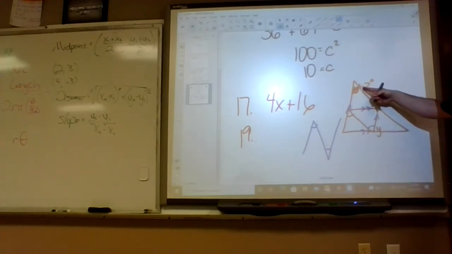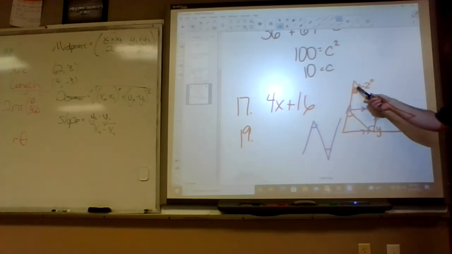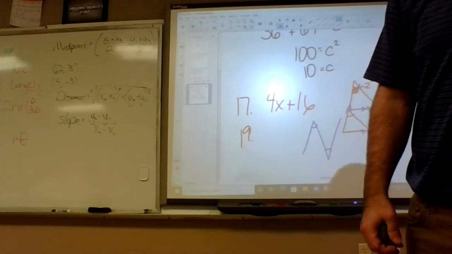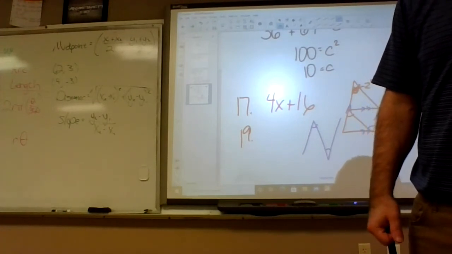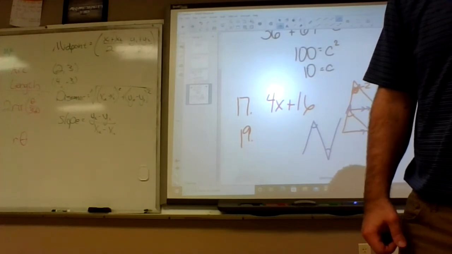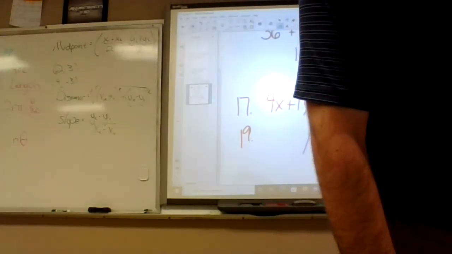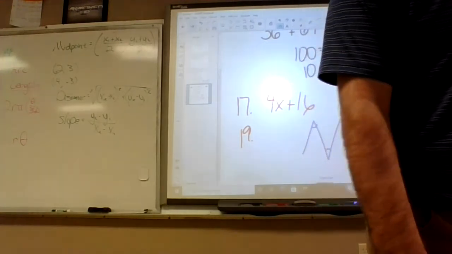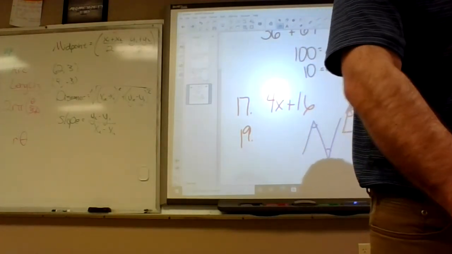Why isn't it just Z? Because we know all these triangles are congruent, if this top angle is Z, angle B is equal to Z. No, those are different angles.